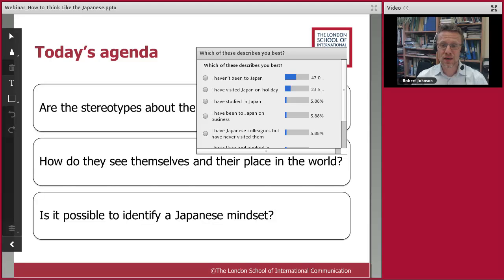We can see the percentages, and it's interesting that around half of you are saying that you haven't ever been to Japan. So I hope that I can give you some interesting insights. But of course, some of you have lived and worked in Japan. That's around 6% of you who have done that, who have Japanese colleagues, and around 12% of you have been to Japan on business.